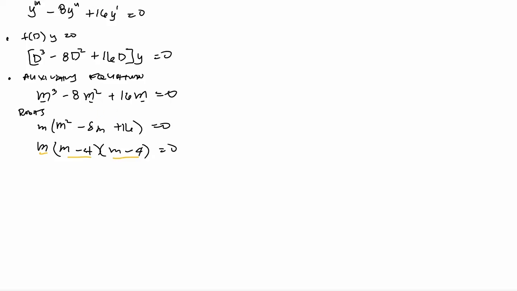Okay. So by equating all these terms to 0, first we have m is equal to 0. And then for this one, we have m minus 4 is equal to 0, or m is equal to 4. And lastly, same, m minus 4 is equal to 0, or m is equal to 4.